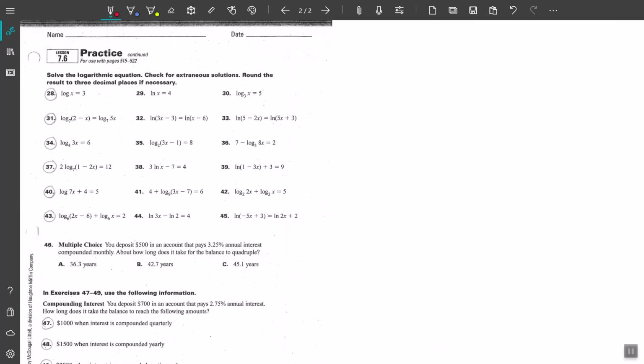On 37, we have a 2 being multiplied by this logarithm. So just like we had to with the exponential expression, we need to get our logarithm isolated if it were not already. So we're going to divide both sides by 2, and that will result in the 2 going away on the left and us having a 6 on the other side. And then from there, we're just going to exponential form.